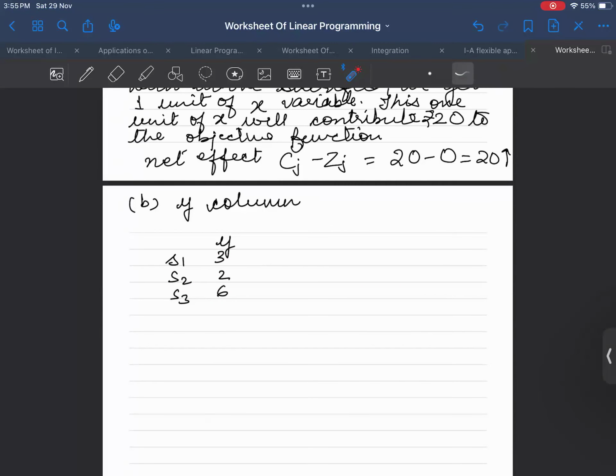Now, what would be the reduction in the objective function?